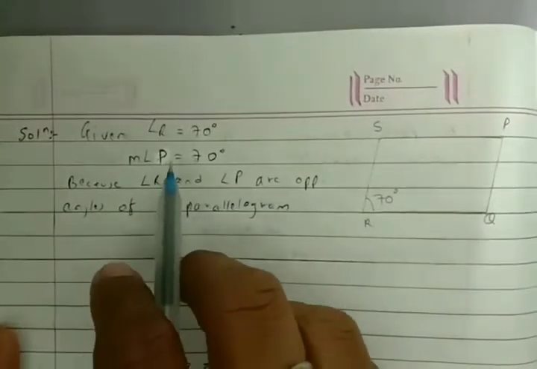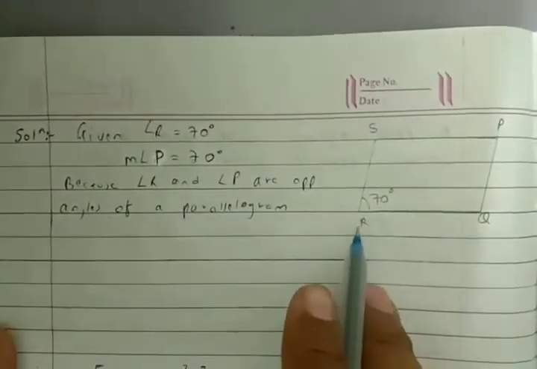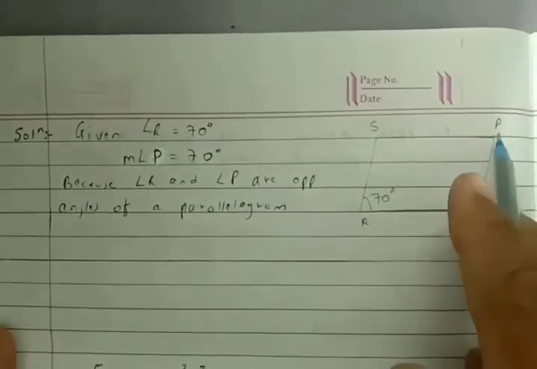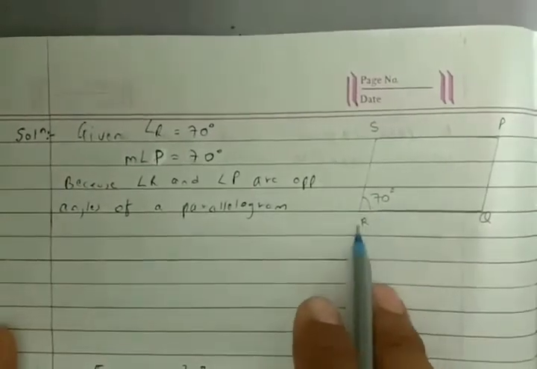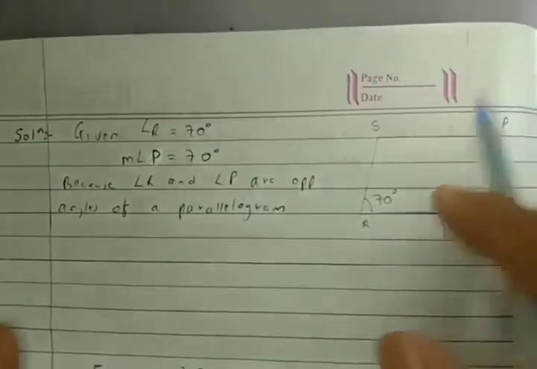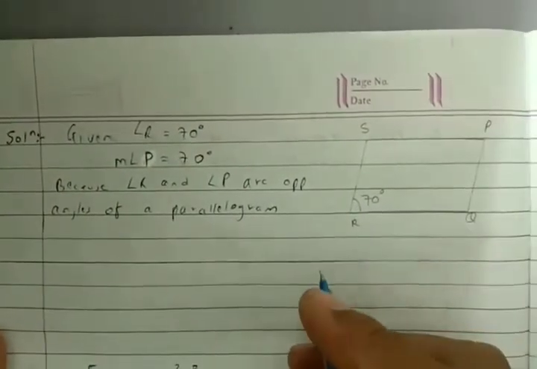How we got P as 70 degrees? Because R and P are opposite angles of a parallelogram. So if R is 70 degrees, P also will be 70 degrees.